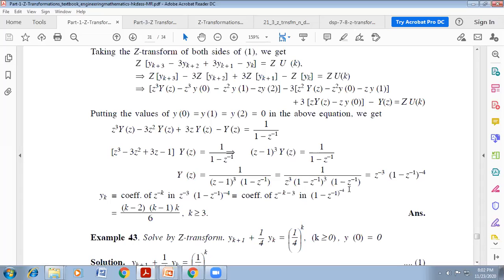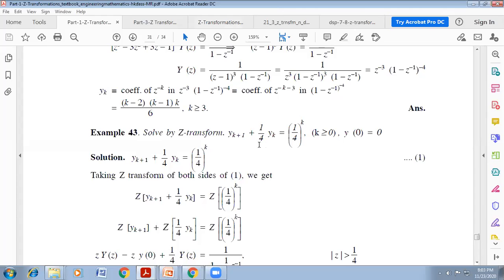Actually this is the binomial series. Do you know? This is the binomial series. Now expanding this, we get the total inverse Z transformation of this. So y(k) will be this sequence.